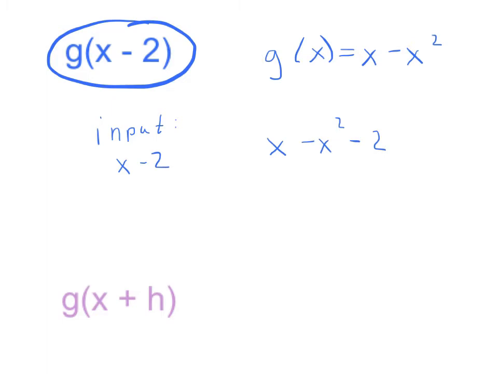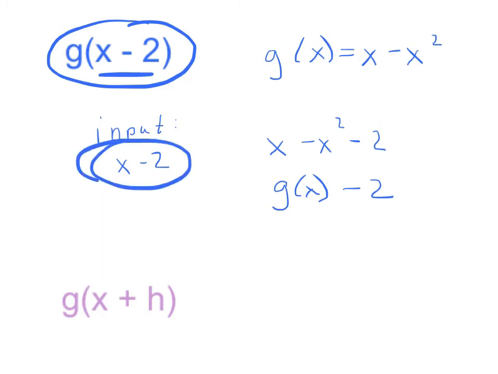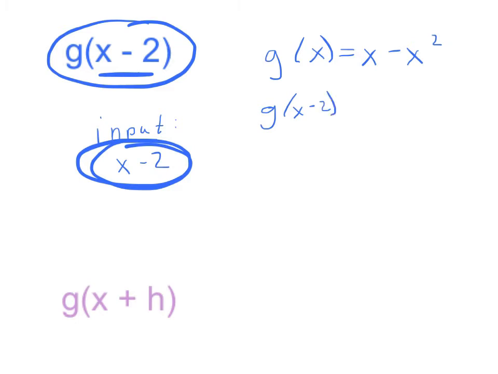What that is right there is doing g of x minus 2. I want you to input this value, so we'll make some space for that. This means when I do g of x minus 2, I'm going to do x minus 2 minus x minus 2 squared.